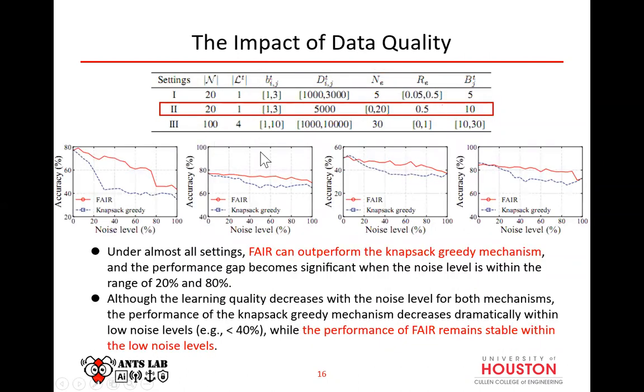This experiment shows the impact of the data quality, where they fix the data size for each node in each iteration and vary the noise level of the federated nodes from 0% to 100%. The noise level refers to the percentage of nodes within the federated community that have 50% mislabeled data.